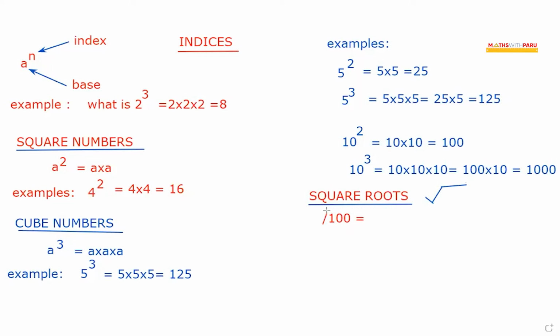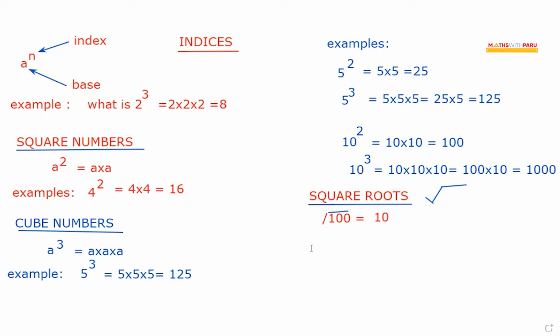I mean, what is a number when you multiply by itself twice, you will get 100. And the answer is 10. Because 10 into 10 is equal to 100.